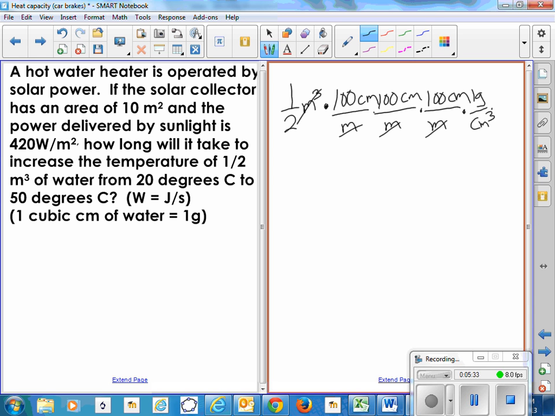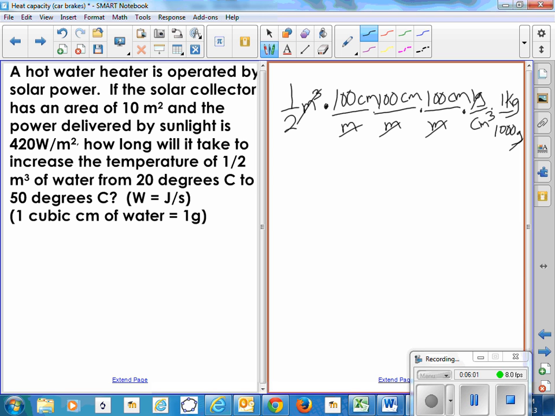And we know there are 1 kilogram for 1,000 grams. A thousand grams is 1 kilogram. How do I know which one's on top and which one's on the bottom when I'm multiplying? Well, I put them so that the units will cancel.